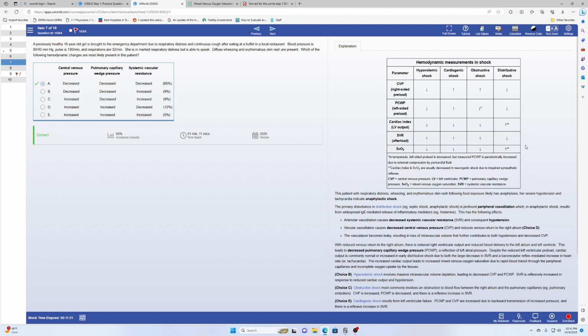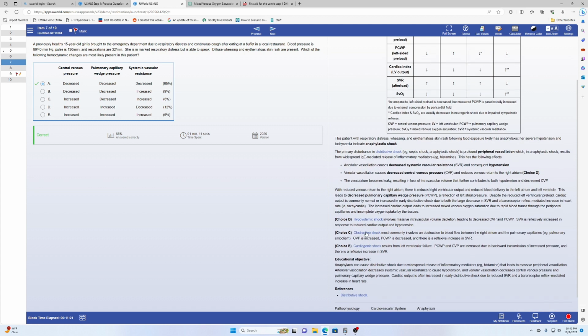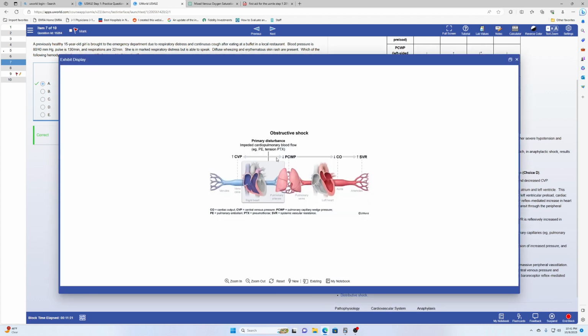You probably can have conceptual cards in distributive shock. The cardiac index and the mixed venous are high, but in neurogenic they are not. Why? That works too. Okay, as long as it's conceptual. I like conceptual cards. Same thing here in PE, and they have a picture here.